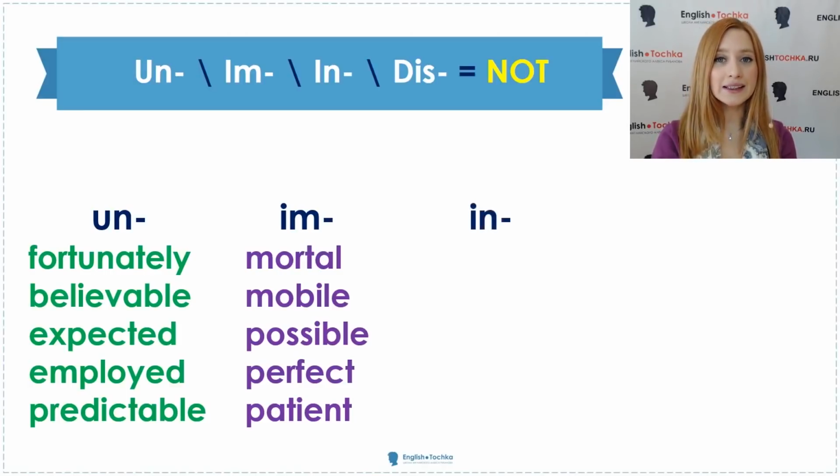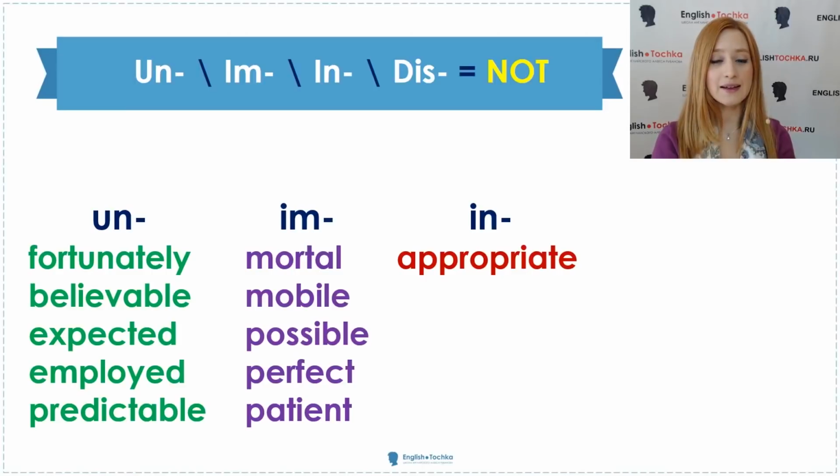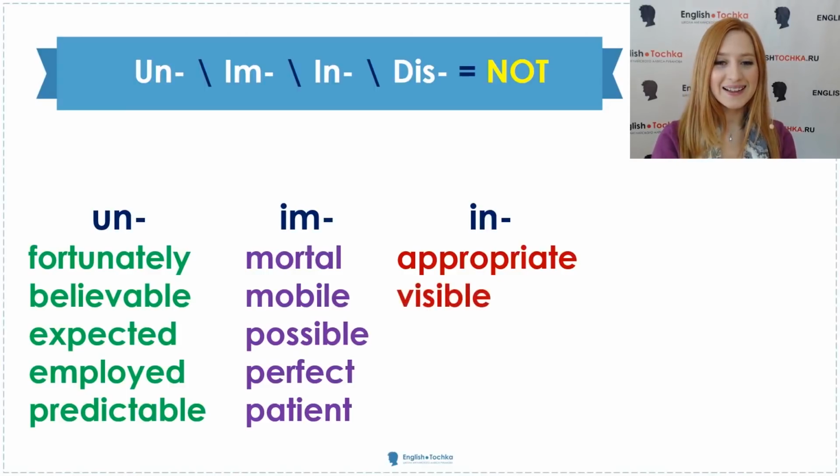Then we have in. Let's take a look at some examples. Something can be appropriate or inappropriate. If something is appropriate, then it is a good time and a good place for that. If it is inappropriate, then it means that most probably you are in your pajamas at some meeting with your boss. Not really appropriate. That is inappropriate. Visible and invisible.